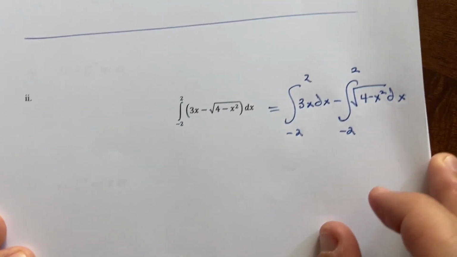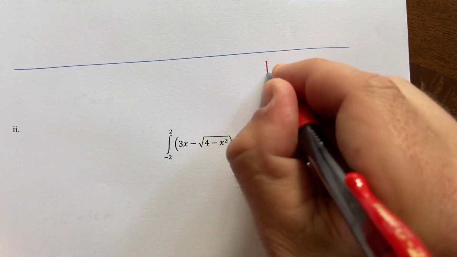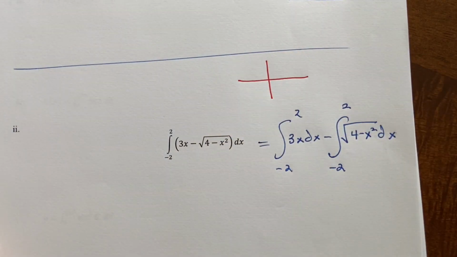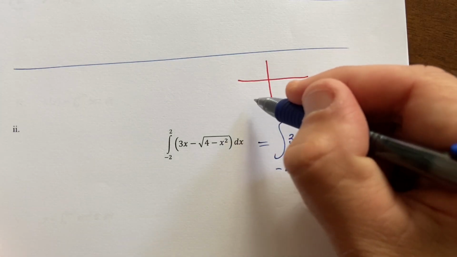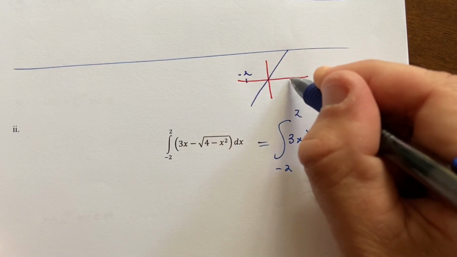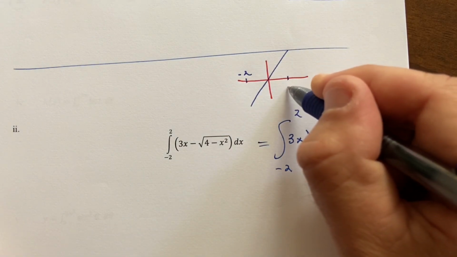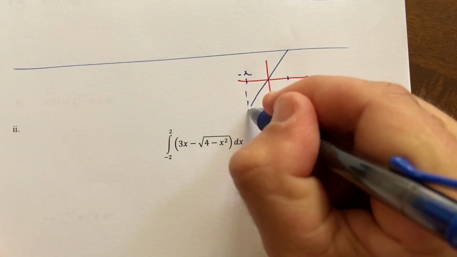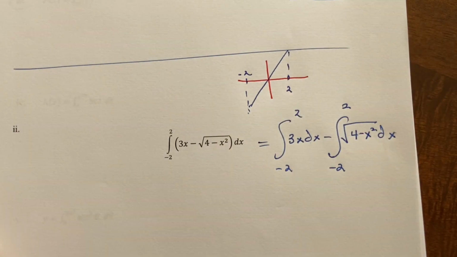So the picture going on here, we would have this line going from -2 to 2 with slope 3. So we would have these two triangles.